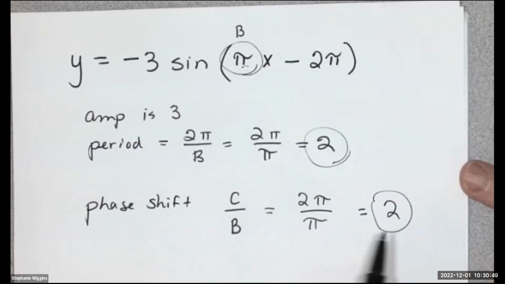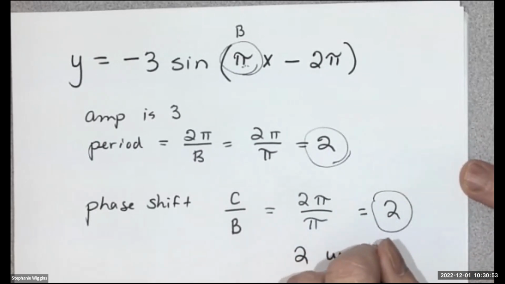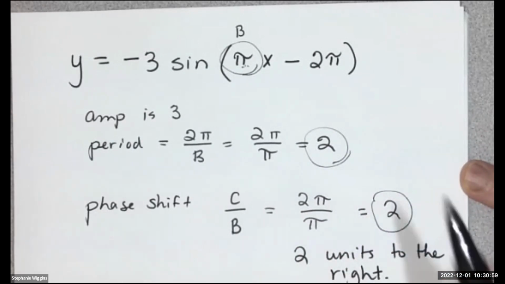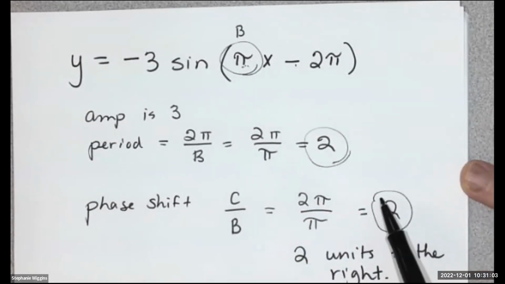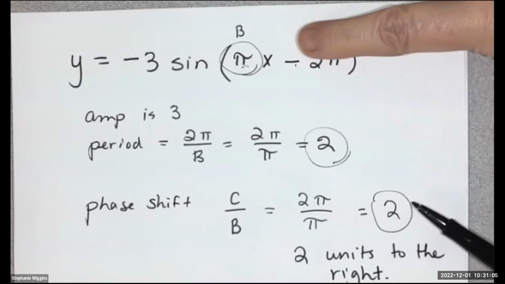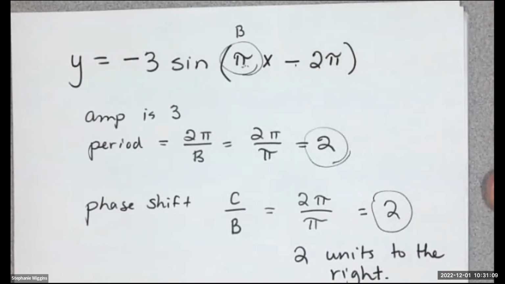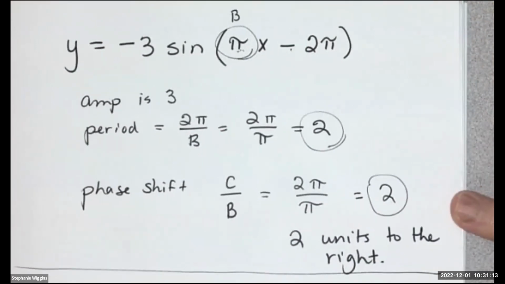Because it's positive, this is 2 units to the right. So if this is negative, it goes to the right, but if this is positive, it goes to the left. You just remember, these are always opposite. Just know which one's right and which one's left. And it goes the same, just like you learned in algebra.